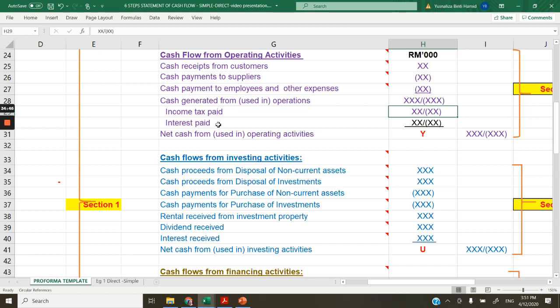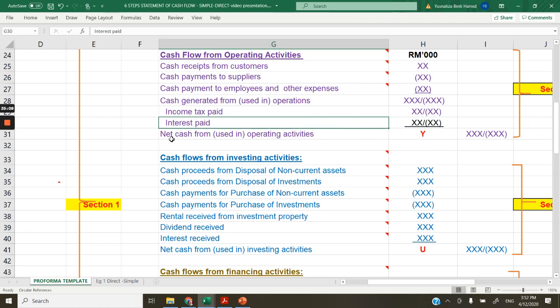And also you have interest paid or finance costs that you have paid during the year, maybe relating to bank overdraft, interest paid relating to loans and borrowings, or maybe finance costs which relate to dividends on redeemable preference shares paid.